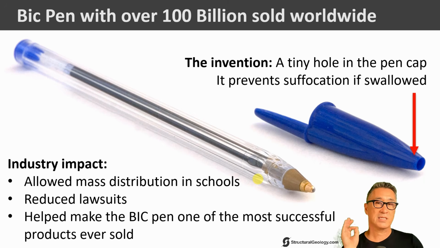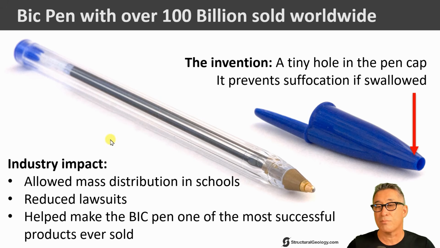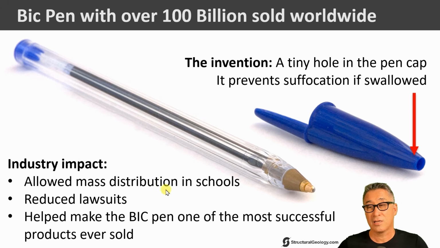And there was a specific invention in the Big Pen that made it really, really big. A slight tweak, and that is the hole at the end of this cap. Now, this cap prevented kids from suffocation, and that allowed mass distribution of this Big Pen in schools. And this, of course, reduced the lawsuits, and that helped make the Big Pen the best-selling pen in the world.